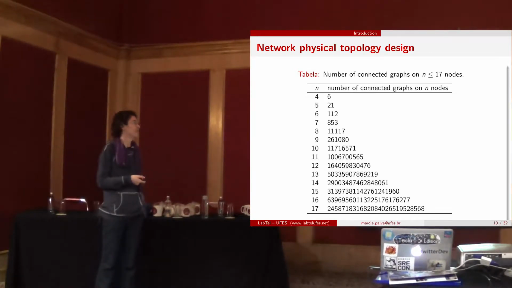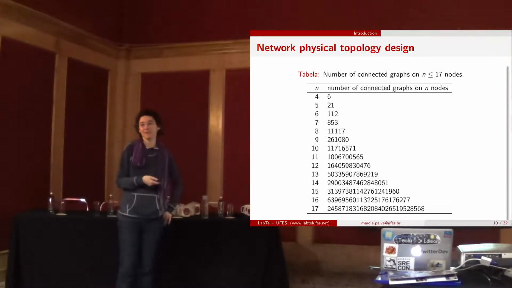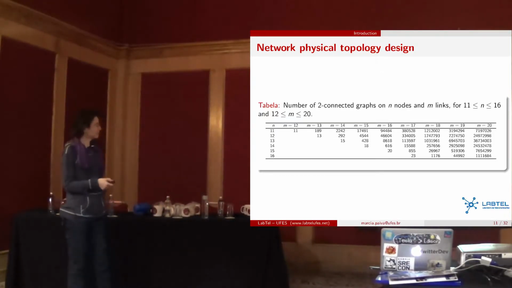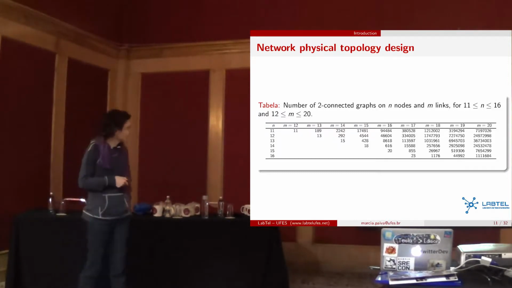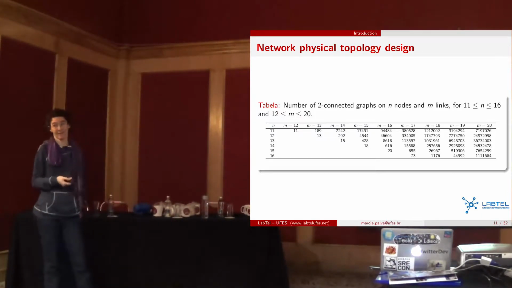So we cannot try all possibilities. And even if we fix the number of links, we also have a large number of graphs. For instance, if you fix 15 nodes and 17 links, we also have 800 graphs to test.